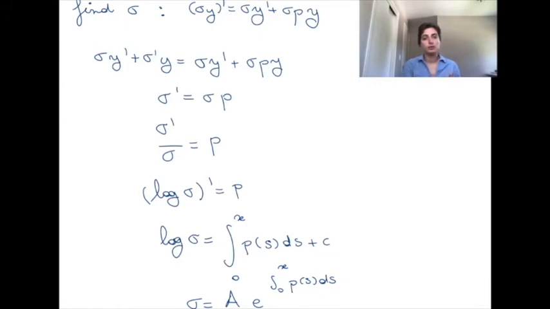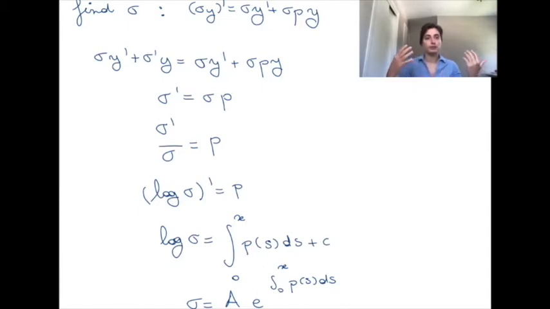If we want the derivative of sigma y to be equal to sigma y prime plus sigma p y, then we can compute it all out. The derivative of sigma y is sigma y prime plus sigma prime y. Then we're solving for sigma.